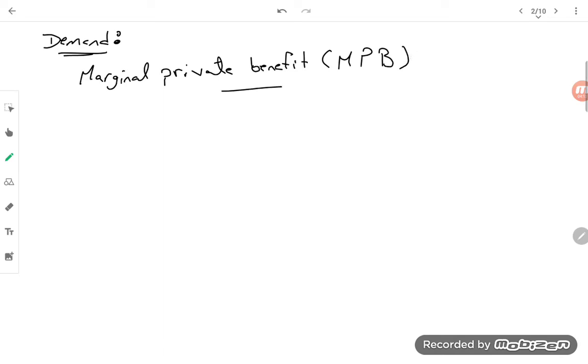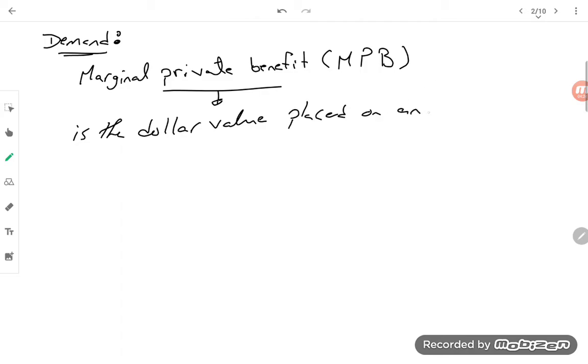Marginal private benefit is the dollar value placed on an additional unit of the good by an individual consumer.